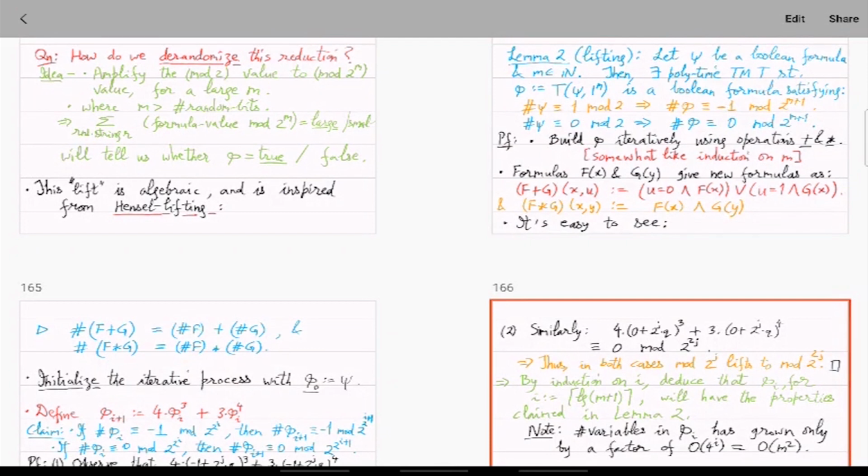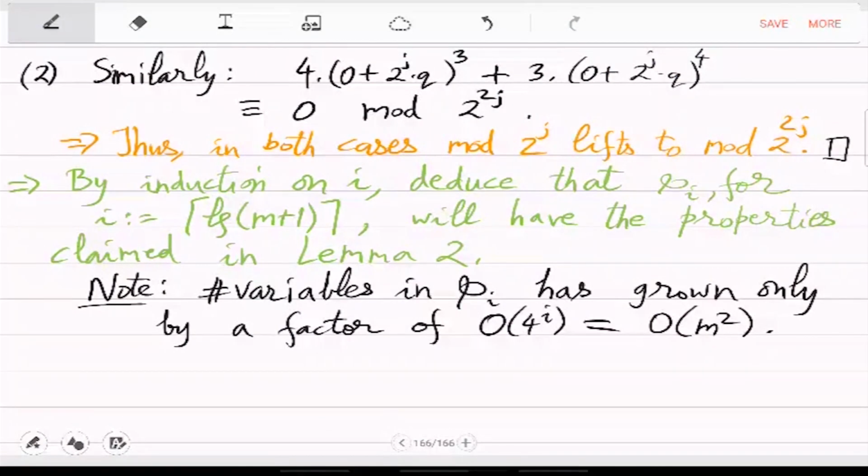And the value phi will become correct mod 2 raised to m plus 1. That's the trade-off. So this finishes the proof of lemma 2. Okay, so proof of lemma 2 is done.